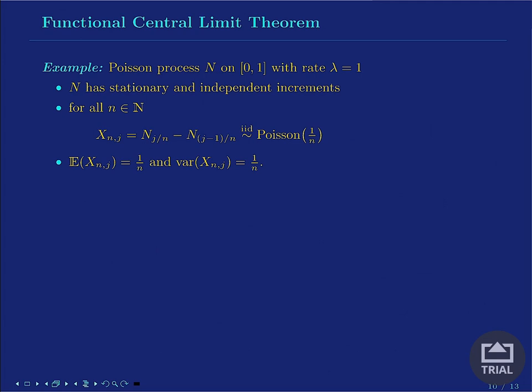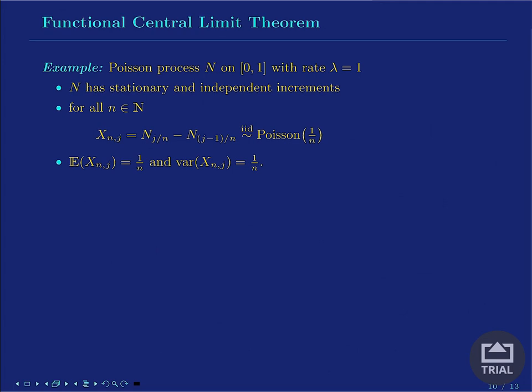So as another example, let's look at the Poisson process. So we know that the Poisson process has in common with the Brownian motion that it has stationary and independent increments. Now, having independent increments, we can actually use the increments of the process as the xi's to which we then use the function from which we form the partial sum process, and then can apply the functional central limit theorem.